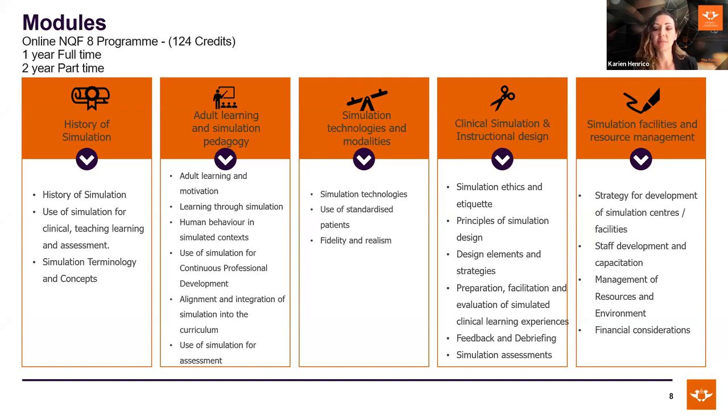The introduction to simulation module basically focuses on the historical development of simulation as an activity or a tool that will lead to the application of this field in health sciences education. So it's fundamental that the student will engage with the knowledge and the history of simulation. So you can see that the units in this module will speak directly to that.